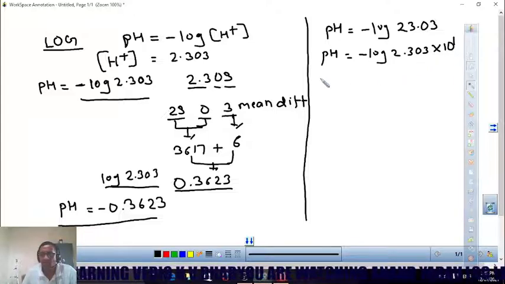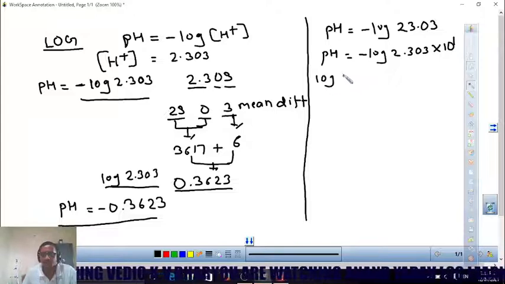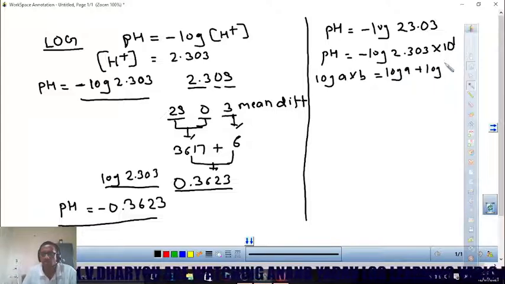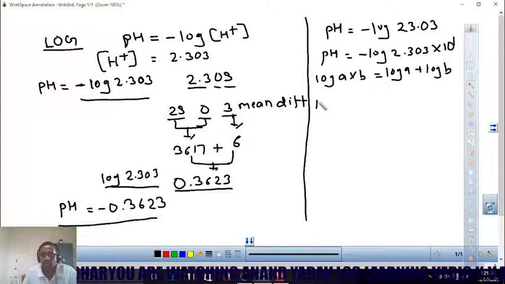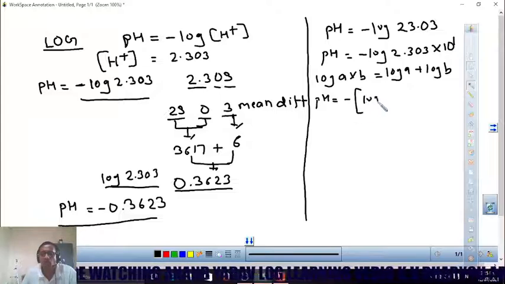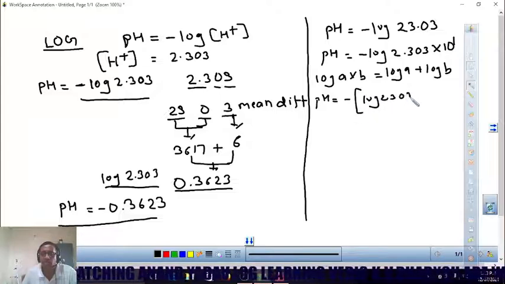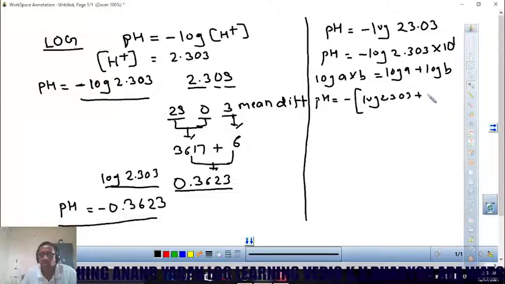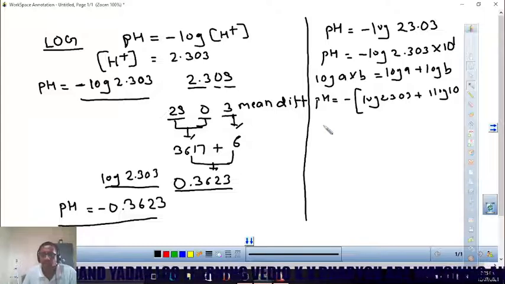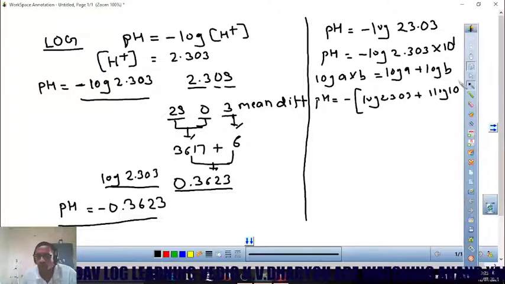Now you have to apply a formula. Log A into B is equal to log A plus log B. So it is like that, pH is equal to minus of log 2.303 plus log 10 raised to 1.